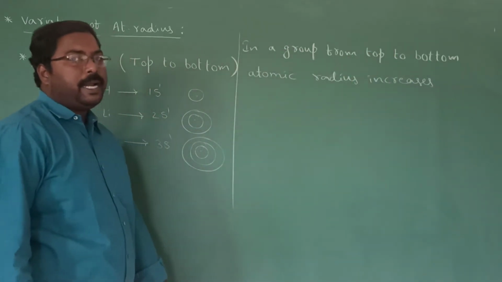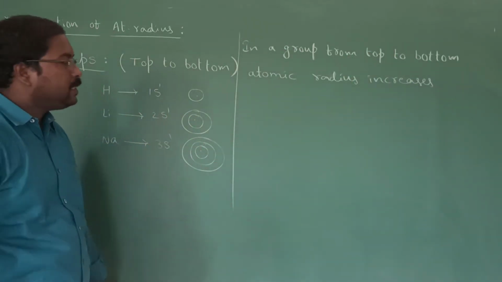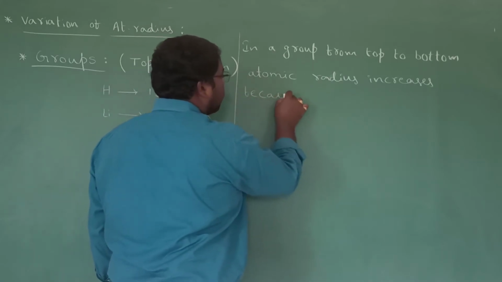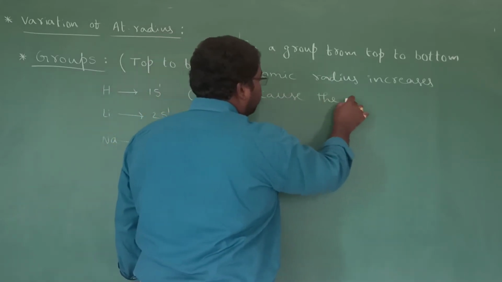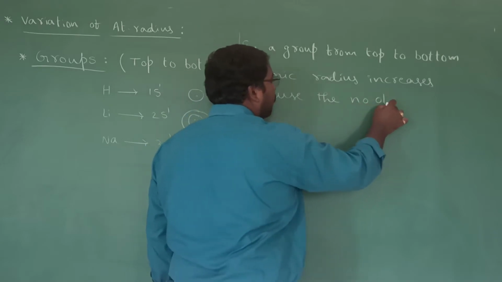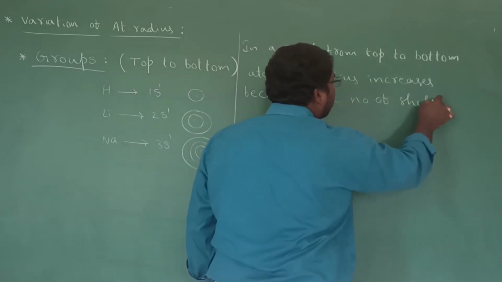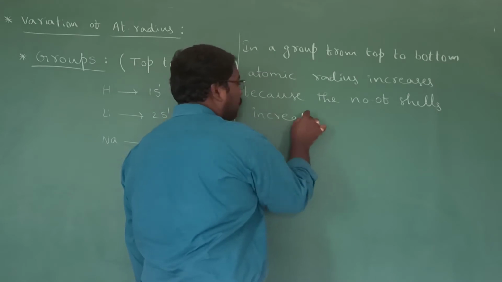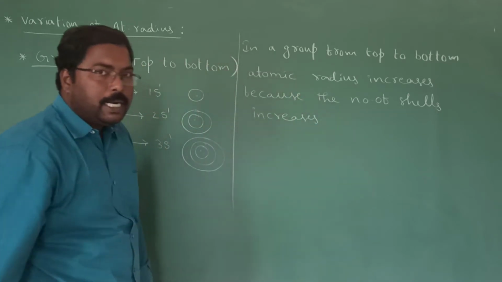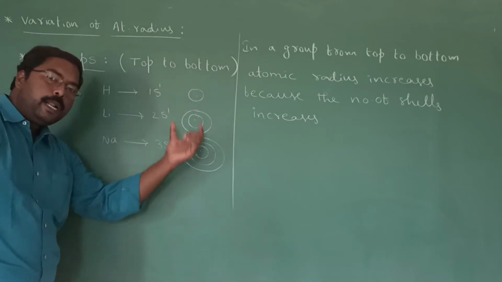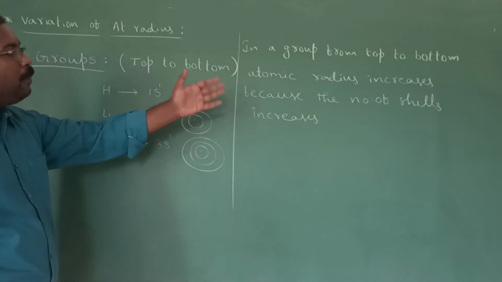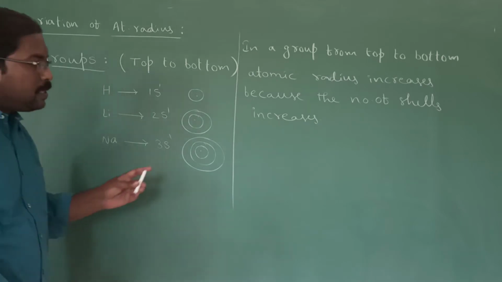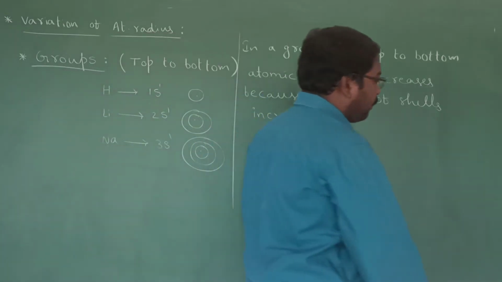What is the reason behind that? Why is the atomic radius increasing? Because the number of shells increases. As we are moving down in the group, the number of shells increases, and the atomic radius also increases. This is in the case of groups.